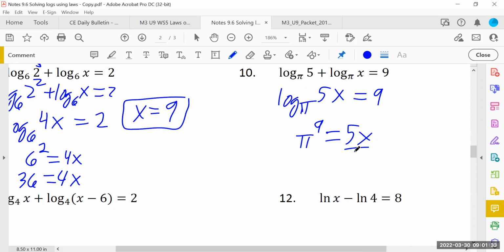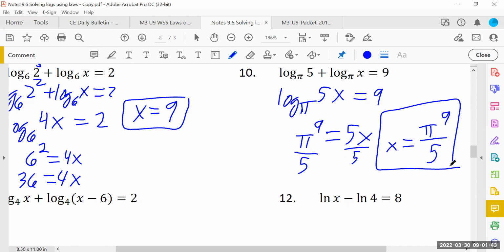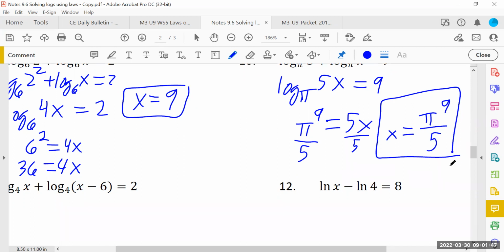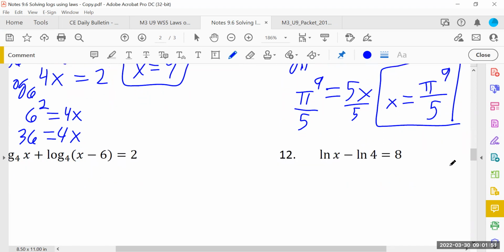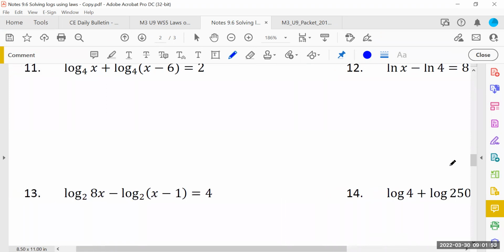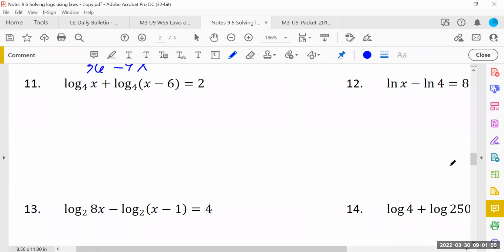Divide both sides by 5. That's your answer. X is pi to the 9th power over 5. It's a strange answer, but it works. You could evaluate this with a calculator if you wanted to.